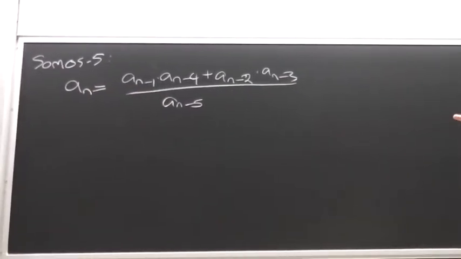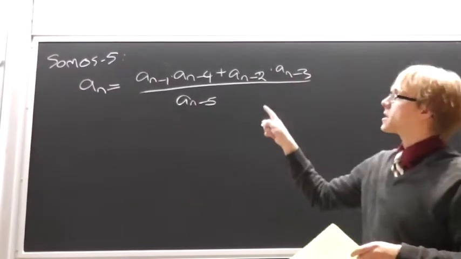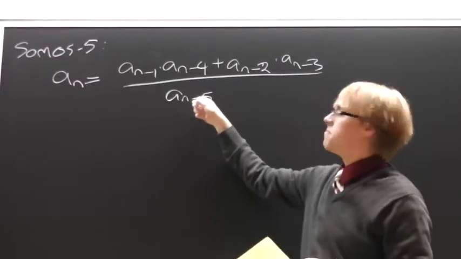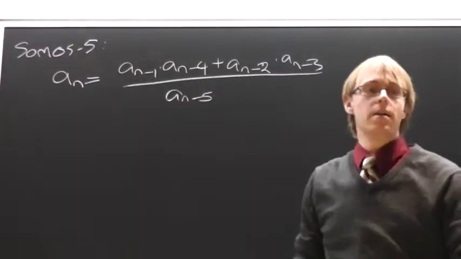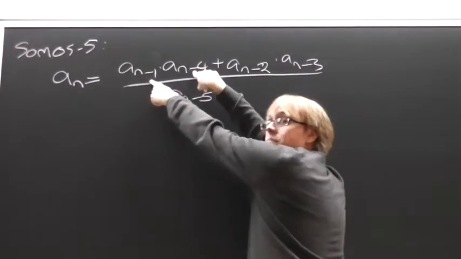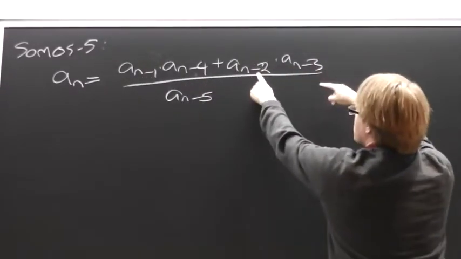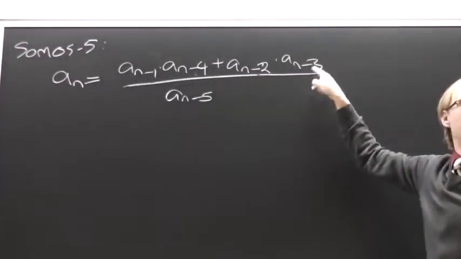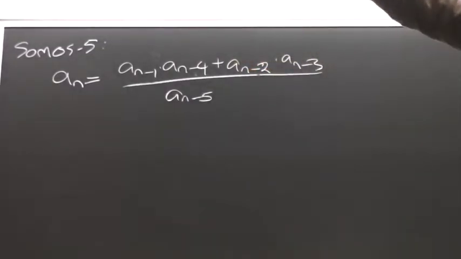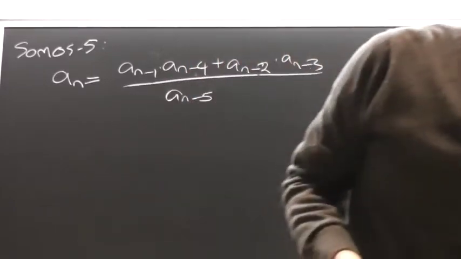The pattern to recreate these Somos-k sequences is: you divide by a sub n minus k, and then you have a sub n minus 1 times a sub n minus k plus 1, then a sub n minus 2 times a sub n minus k plus 2, and so on, working your way together. When k is even, you end up with that squared term, so a sub n minus 2 squared, as in the Somos-4 sequence.